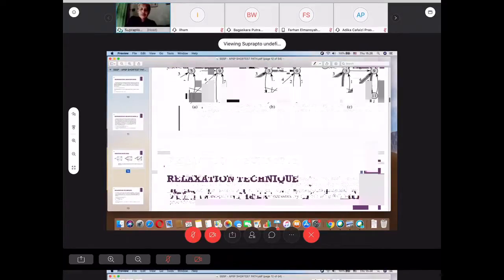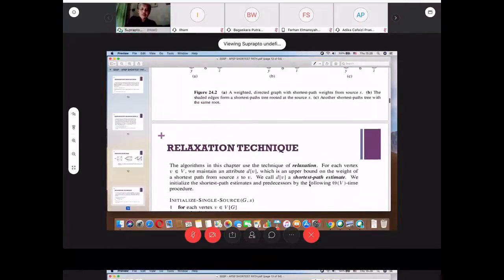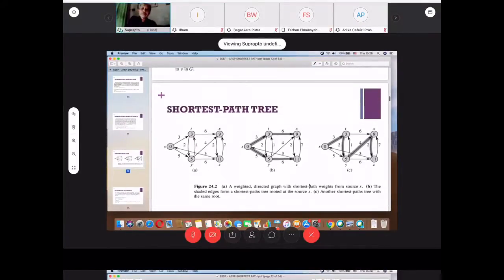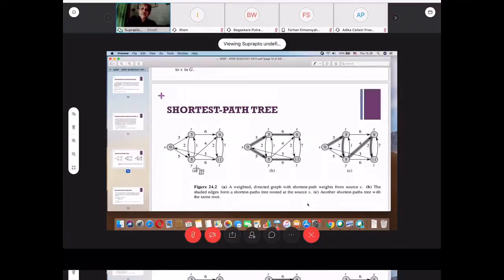How do we choose the shortest path if there is more than one path from S to X, for example?